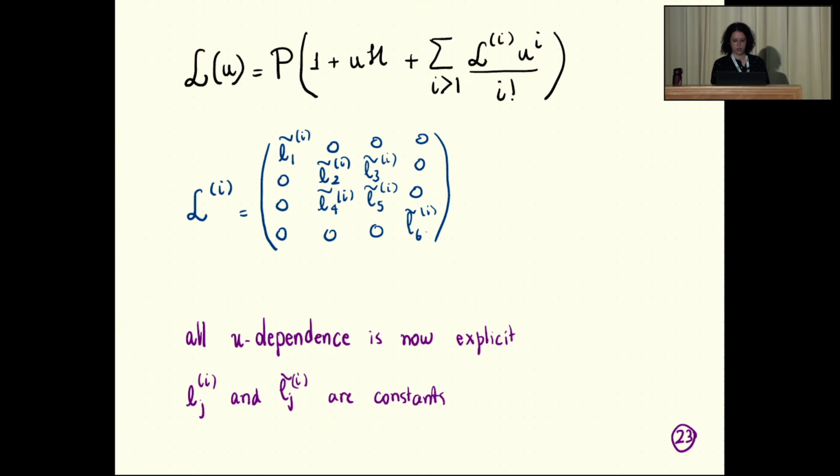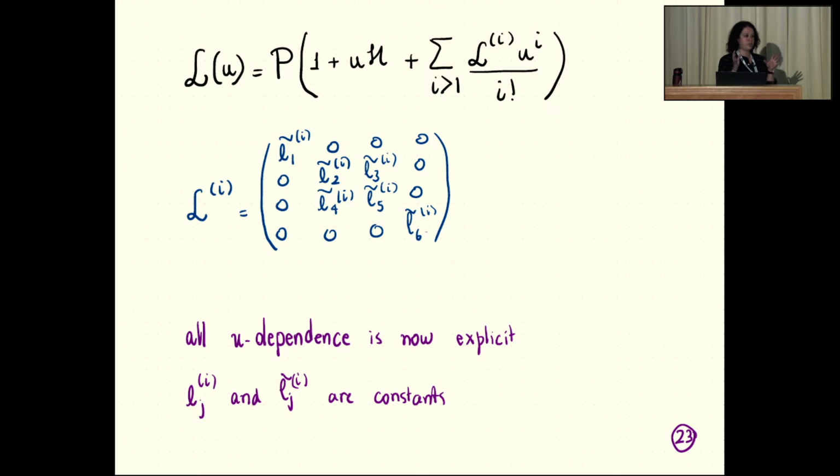The way we start is we expand the Lax pair like this, in such a way that you will have the Hamiltonian here, and we put everything explicit, all the u dependence is explicit there, so all these Li's are constant. We take this expansion, it's something very simple.